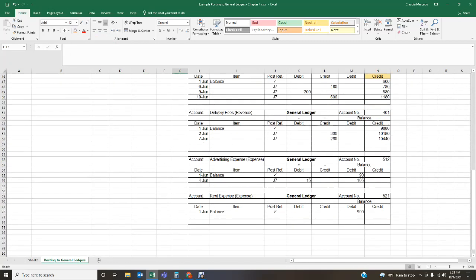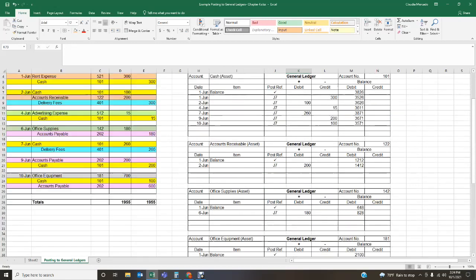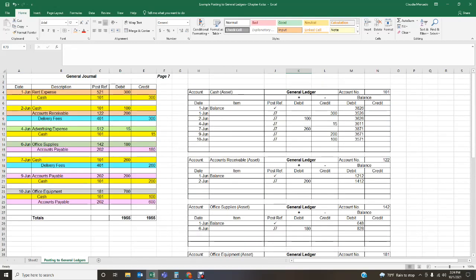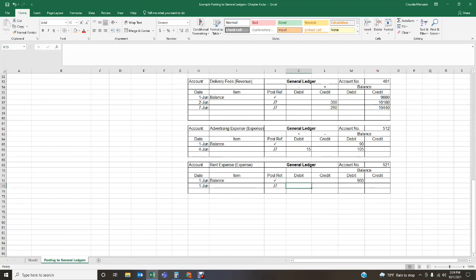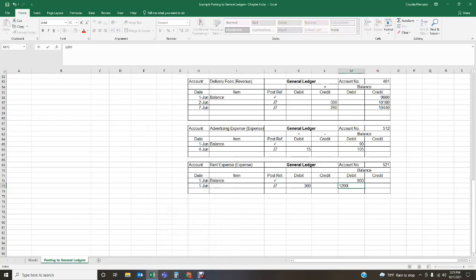This is happening June the 1st. Okay. June the 1st, we've got journal 7. And we have a rent expense of a debit of $300. Okay. So we used to have a balance of $900 plus $300 new. That's $1,200. Okay. Remember, expense accounts, when you get a debit, you add. When you have a credit, you subtract.